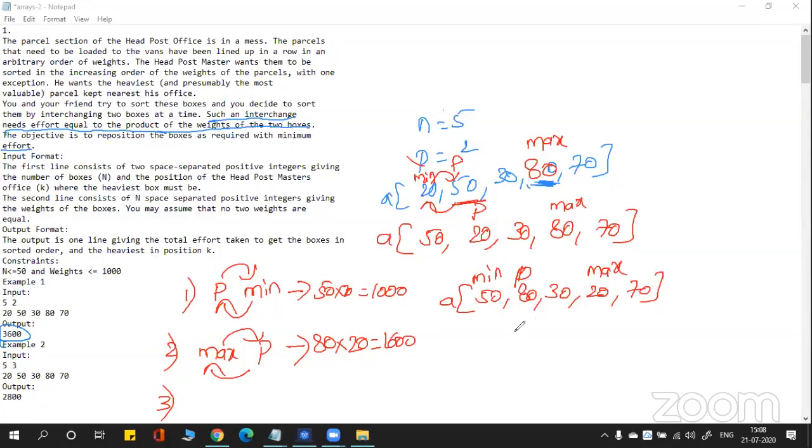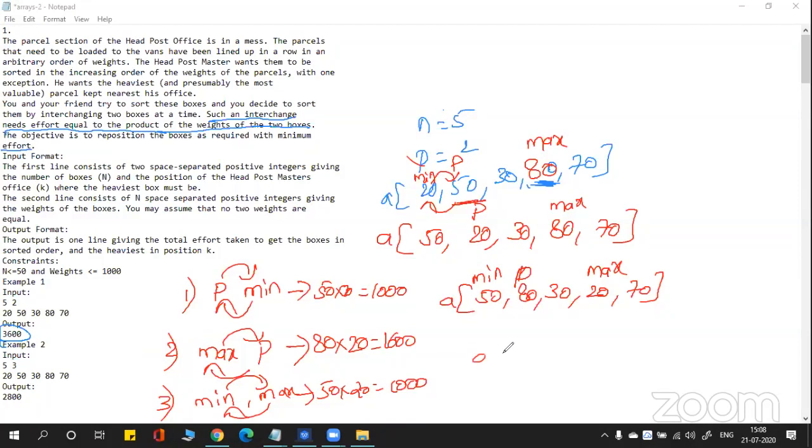So now after this, what should I do? Now I should interchange both. Again I am interchanging the minimum and this maximum value. 20 with 50, so 50 and 20 are interchanged. 50 into 20 again becomes 1000.